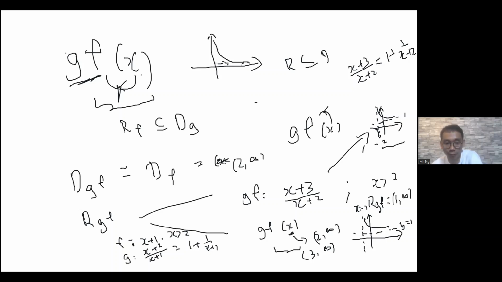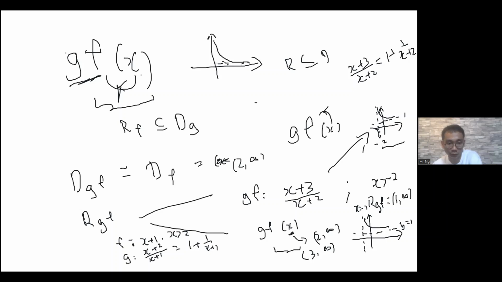Okay, I think I made some mistake. Just now I made a mistake, so let's say I change this one to be x more than negative 2. Then all this is correct.